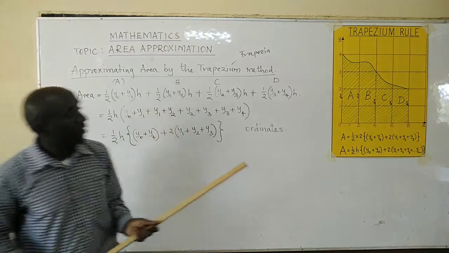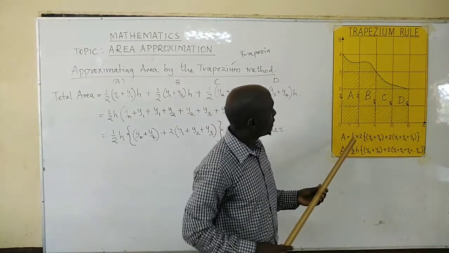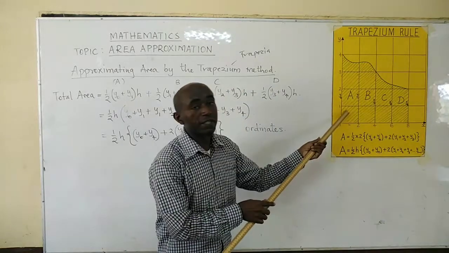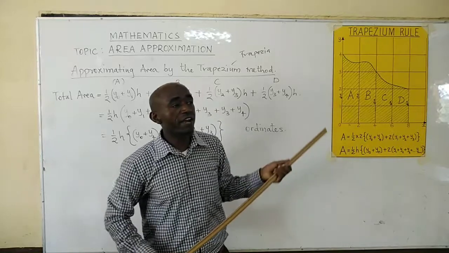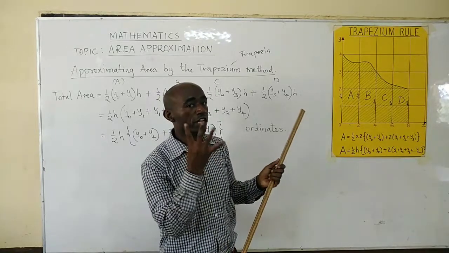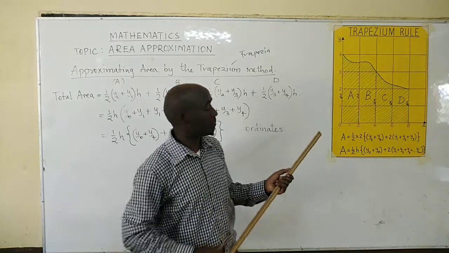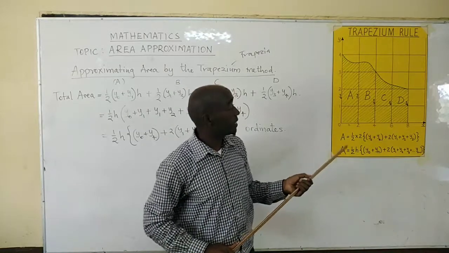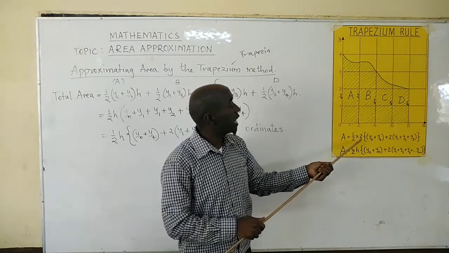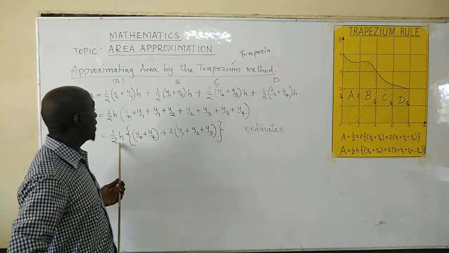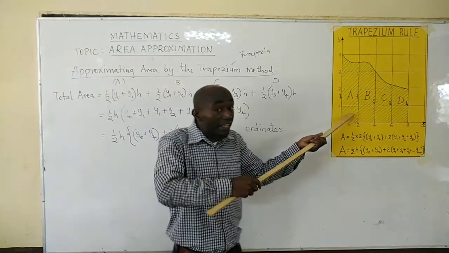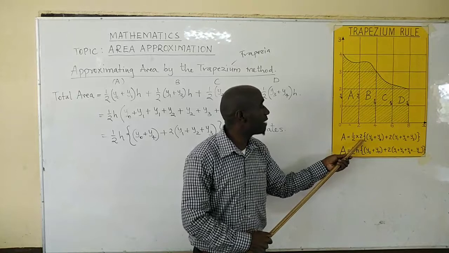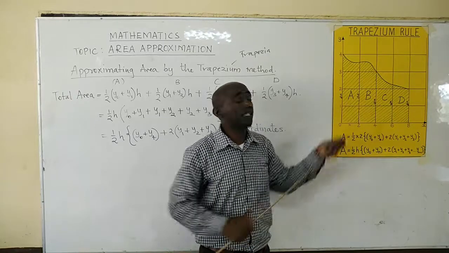So if you look at the chart now, the first area here is for this specific graph which has been divided into 4 ordinates, or 4 trapezia. If the shape has been divided into 4 trapezia, the area will be a half times h. Remember, in this case, h is 2. That's why I have written here a half times 2, because I already know that h is 2.